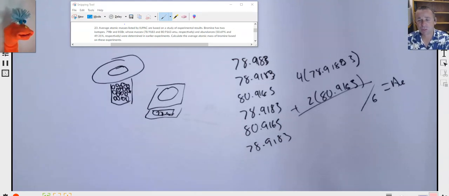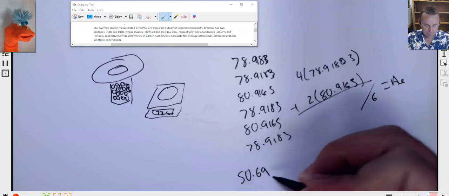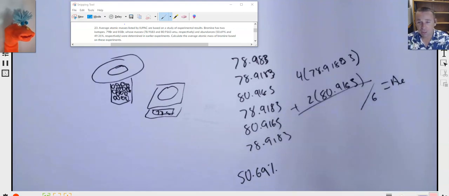So that's essentially what I'm doing when I take the percentage, which is a description of how many there are for every 100, right? I'm taking the percentage and multiplying it by the mass. So when I say I have 50.69, that's out of 100.